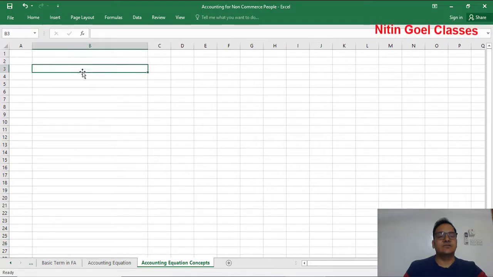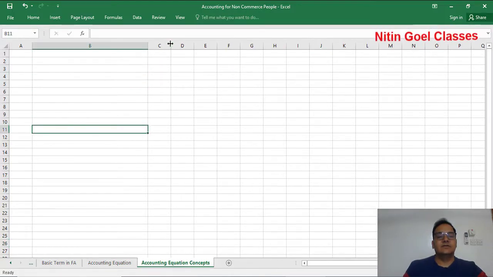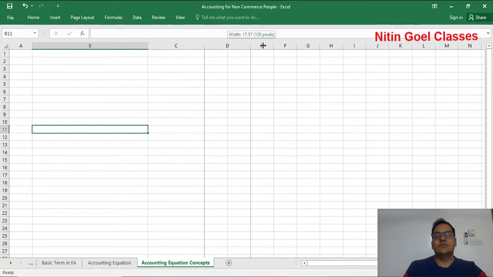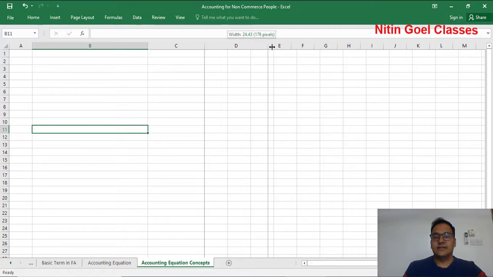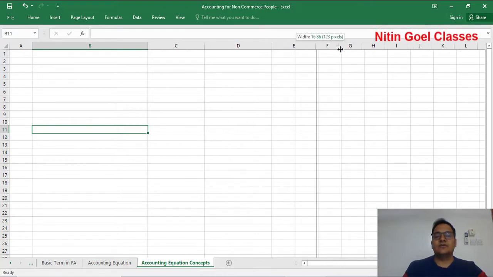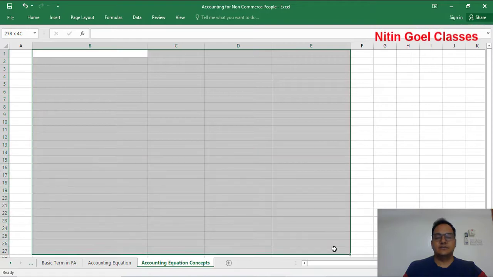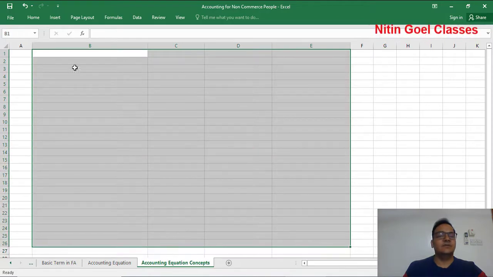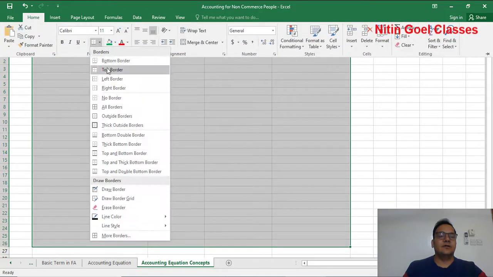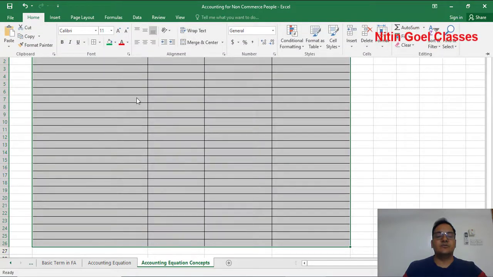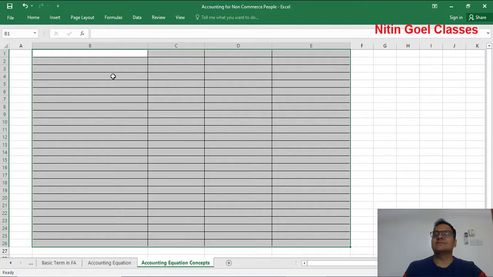I will write the transactions on this side. Let me say assets. I'm not going to define individual items; I'm going to take only 3 items right now. This is our complete 3-4 column table. I will try my level best to make things very clear in a very simplified manner.